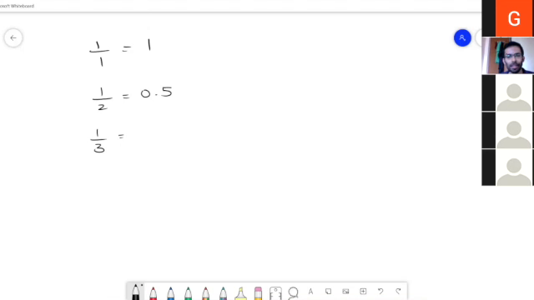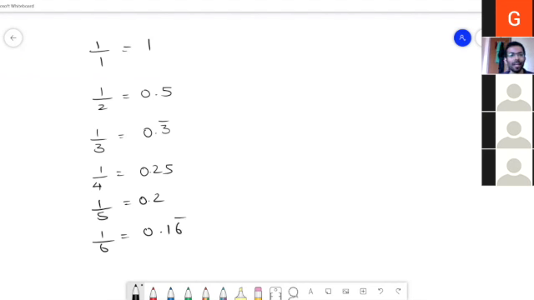So what is 1 by 3? 0.33333, which I can write as just 0.3 bar. And 1 by 4 is 0.25. 1 by 5 is 0.2. What is 1 by 6? 0.161, and so on.